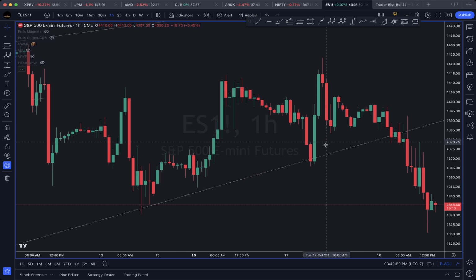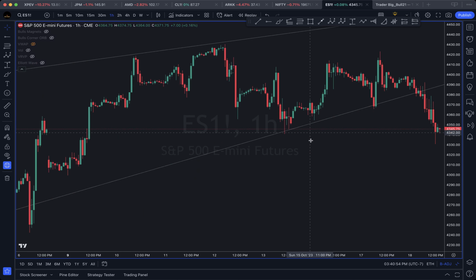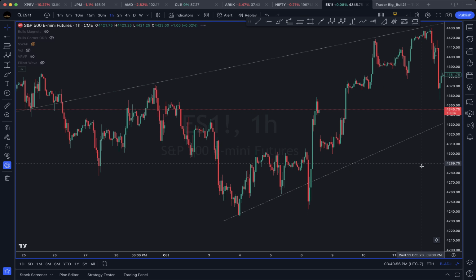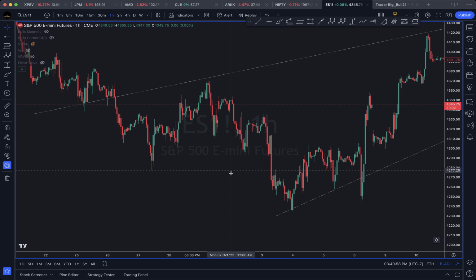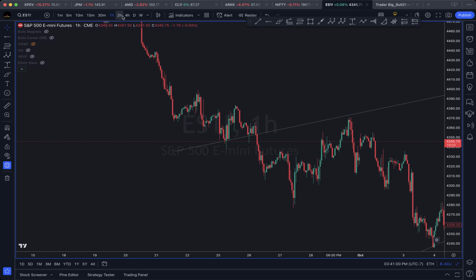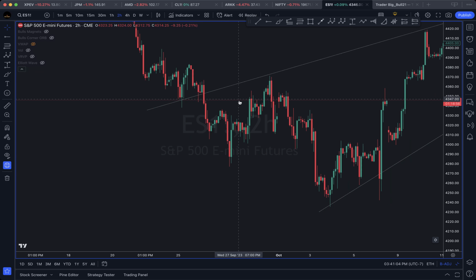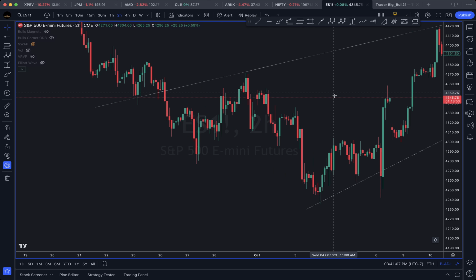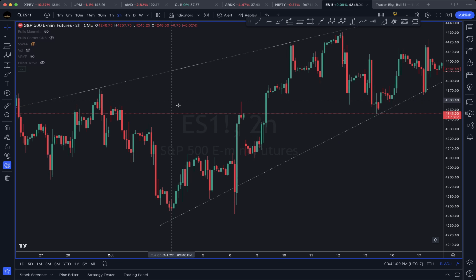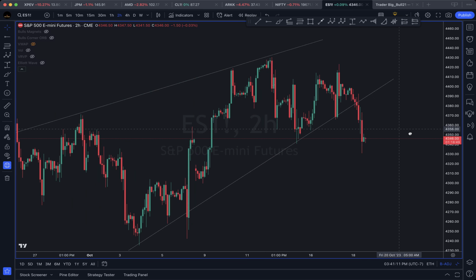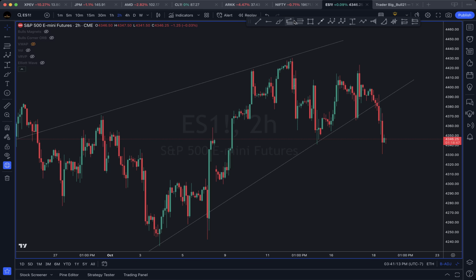I'll tell you about time frame too, which time frame you need to identify those zones. Look at 2 hours here. Right here, this one that I shorted recently.